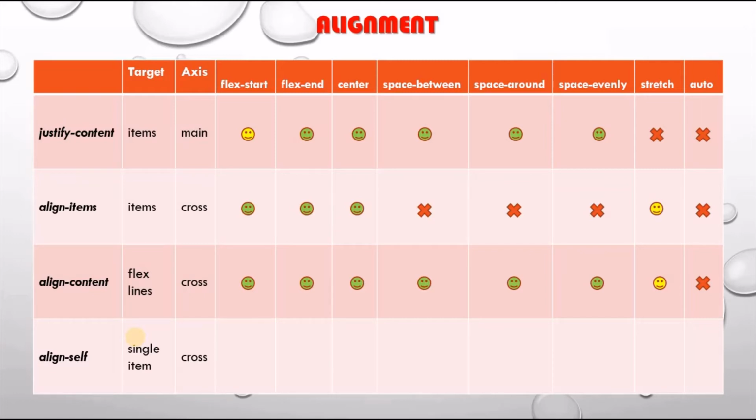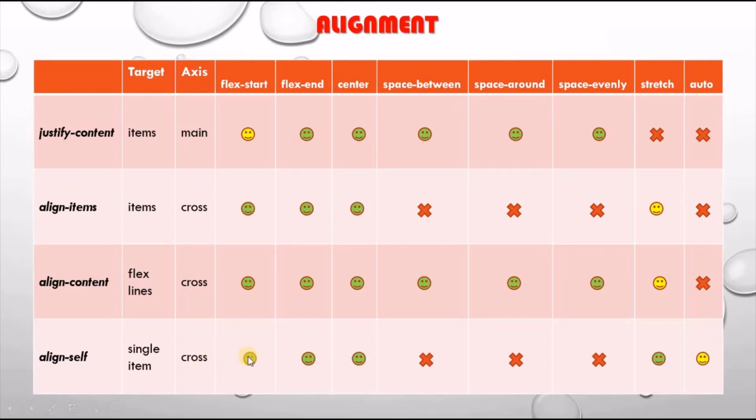And these lines which are being created by flex items are called flex lines. So the align content aligns those flex lines. So it means when a flex line is being aligned, it moves with all the flex items that are within it.